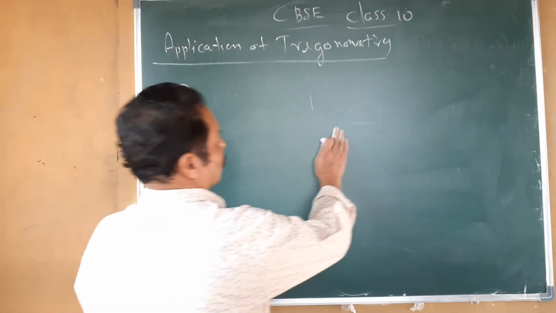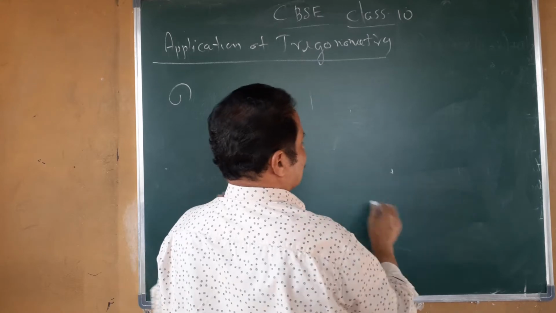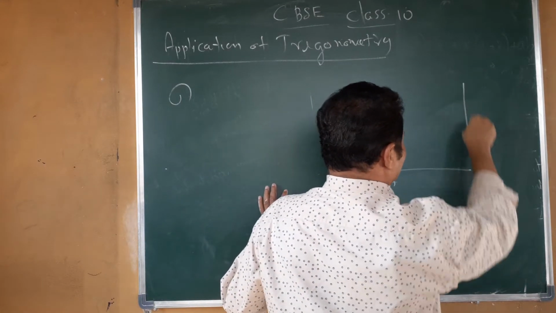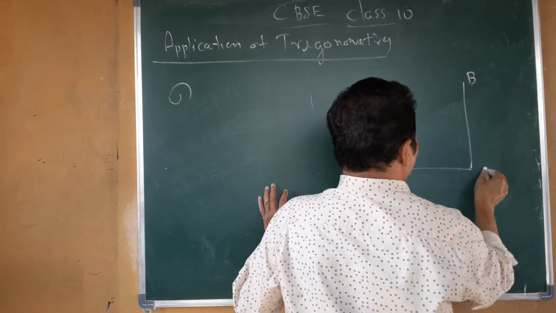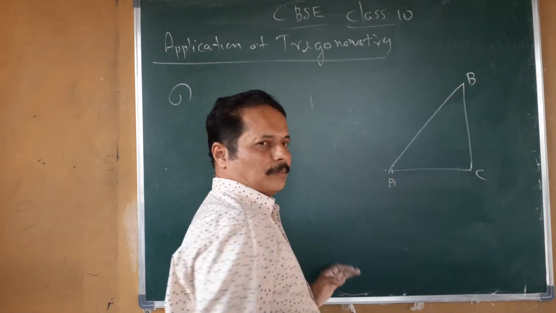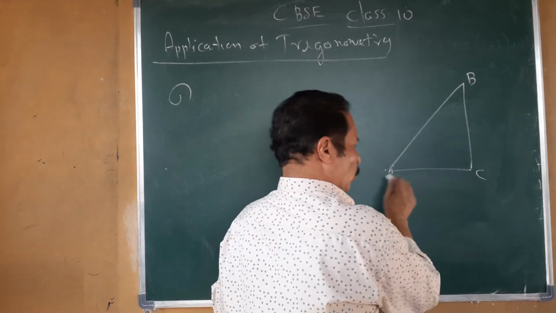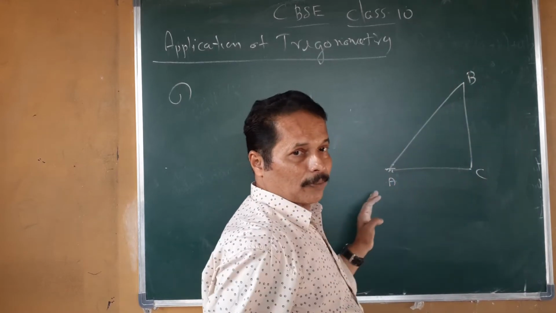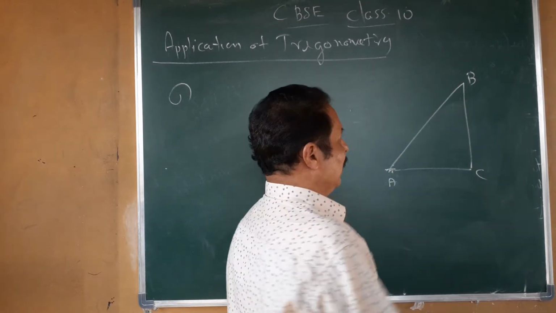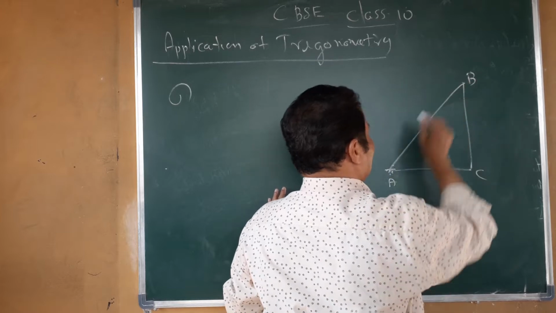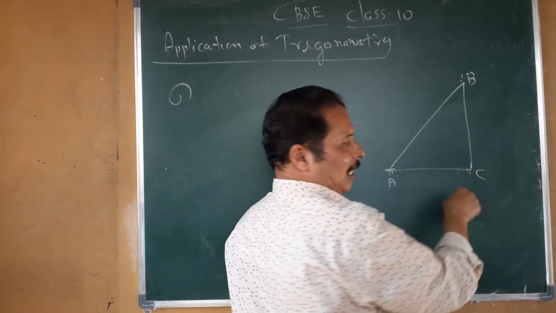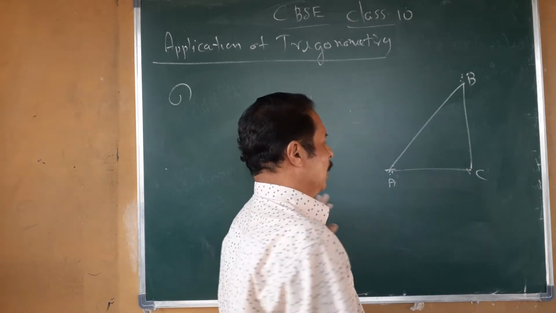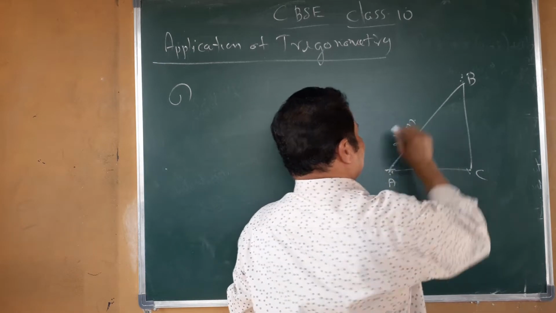Look here. Now it is tightly stretched to here and tied to a vertical pole. This is DC. And look here, the artist is climbing this rope. You see that? It is tied to A and B. Now this is the vertical pole. So this is 20 meter long, that is given.